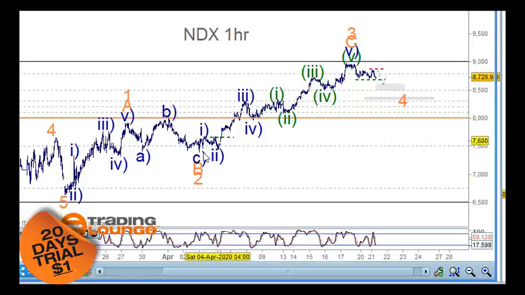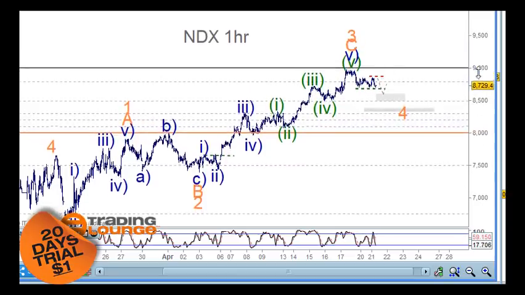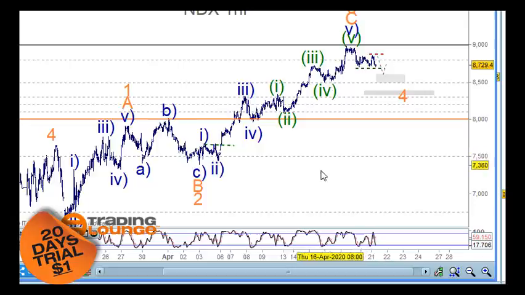Wave C here has moved higher than its 61.8%, which is about here somewhere, and also the equality between wave A and wave C here is out of whack now. So it's the index that's been leading to the upside, of course, because of Amazon.